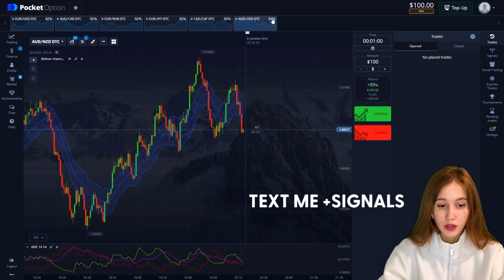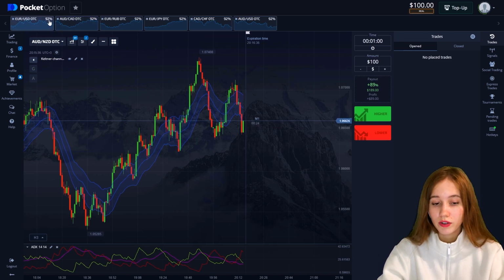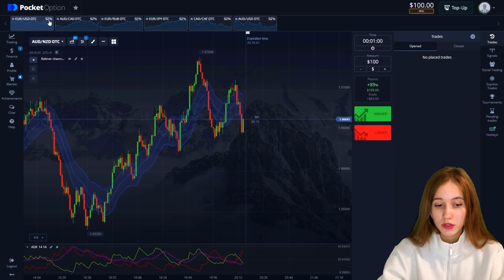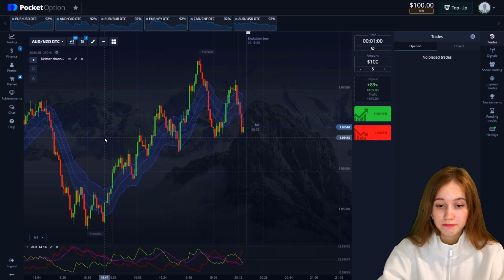We will use currency pairs with a payout percentage of more than 90%. It's very important. I recommend you use currency pairs with a payout percentage of more than 70%. And we'll use technical analysis and, of course, indicators.